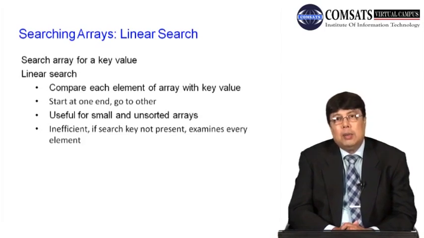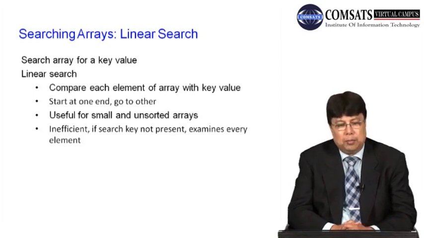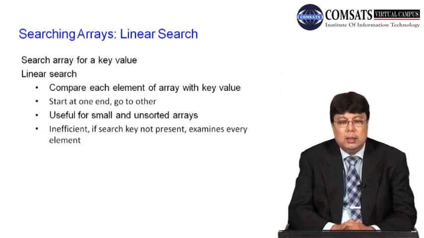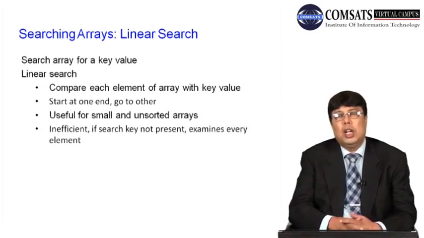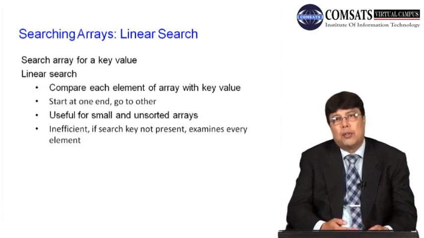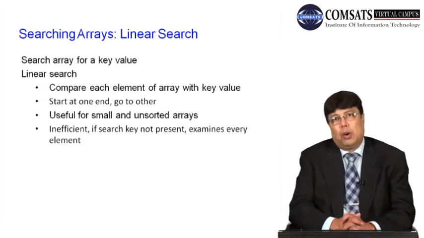As I said, searching means to find out the location of a particular element by a given value, which is called a key. So the linear search is basically a sequential search where we search each element one after the other, until we find our desired element which we are searching for.